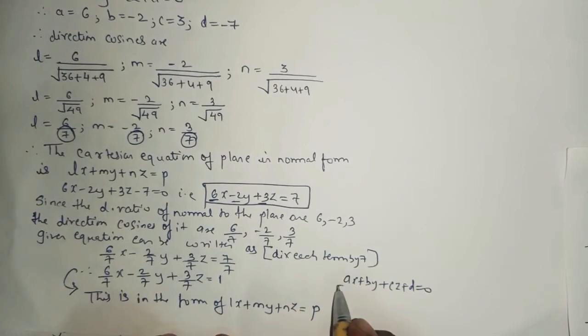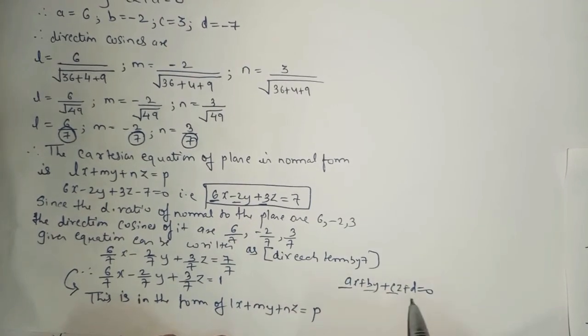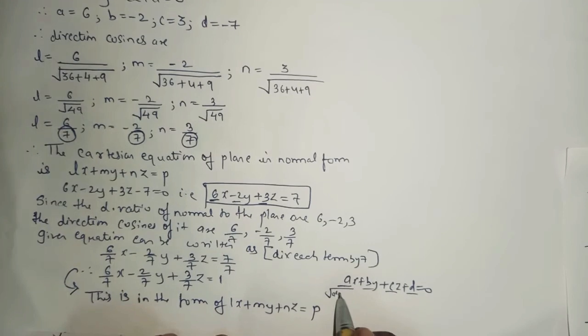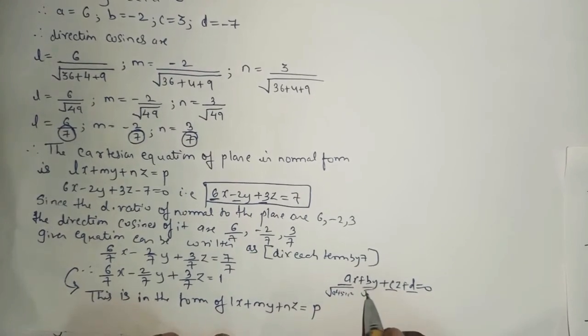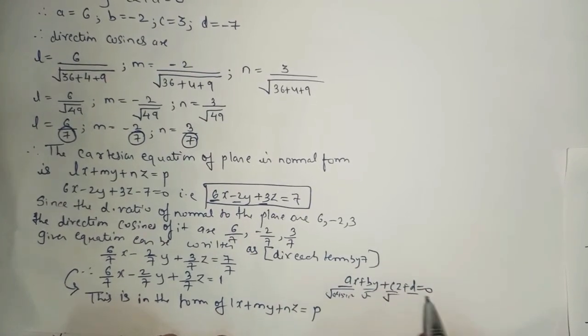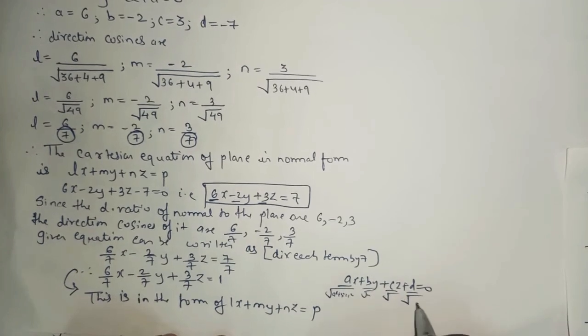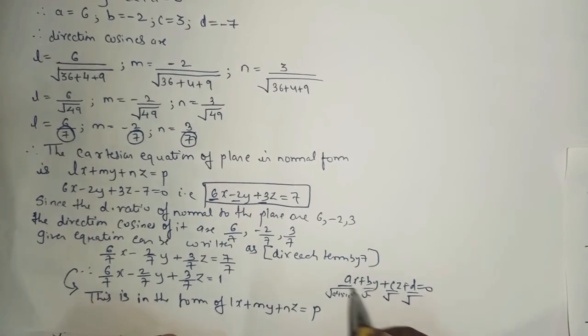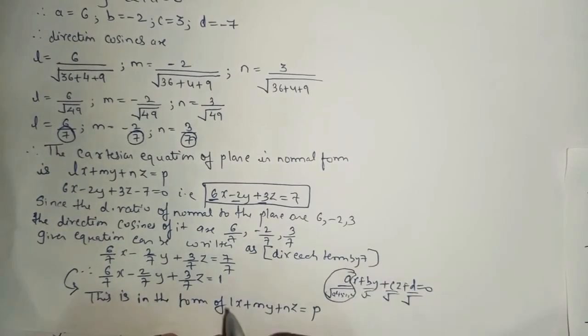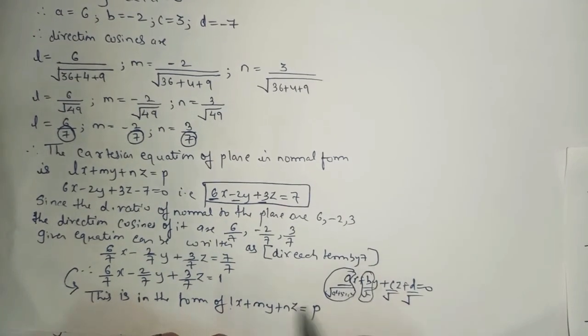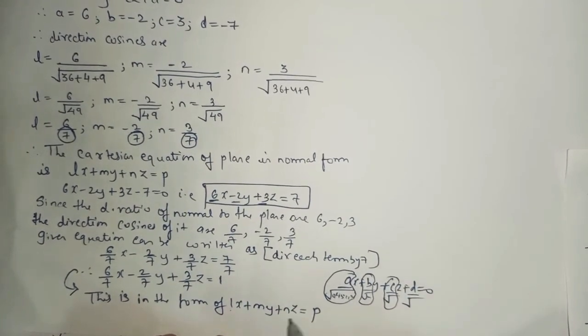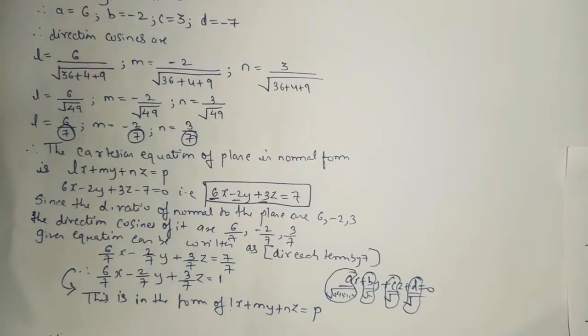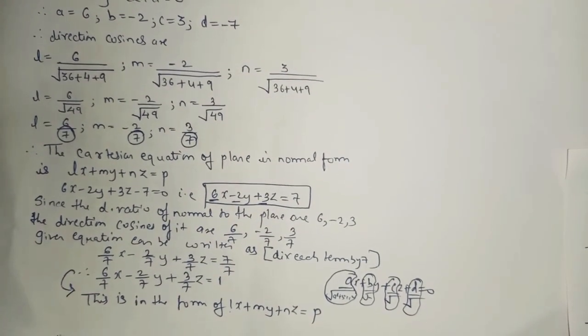So when you divide this by square root of a square plus b square plus c square, this part will get converted into l, this part into m, this part into n, and this part will be the p. I hope you all understood the sum.